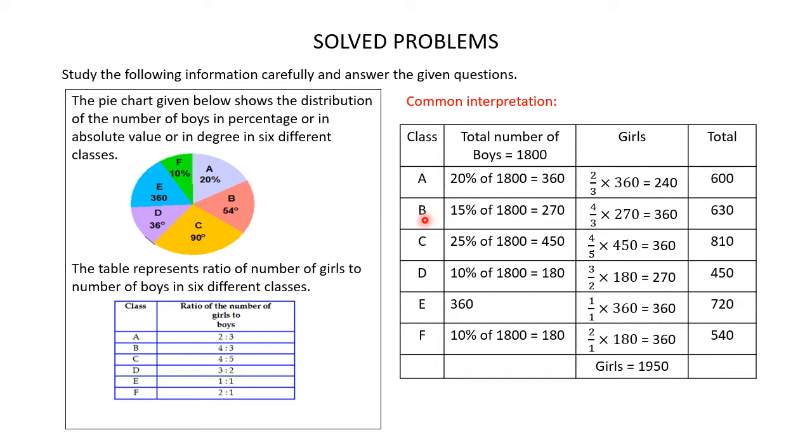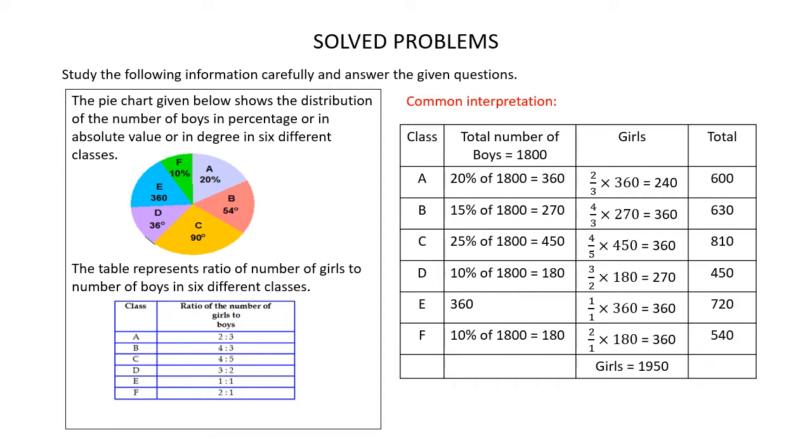The number of boys in class B is 15% of 1800, which is 270. The number of boys in class C is 25% of 1800, which is 450. The number of boys in class D is 10% of 1800, which is 180.